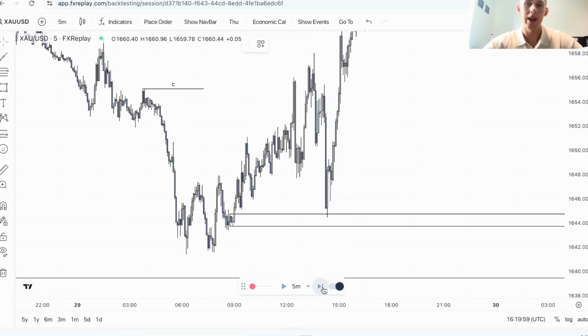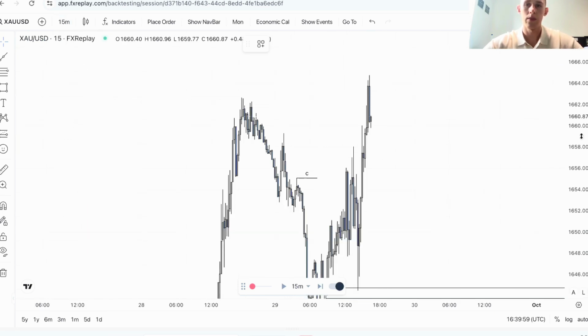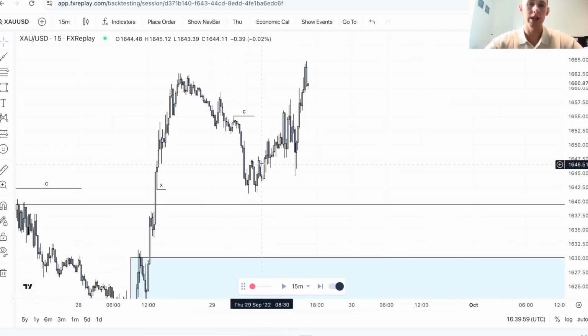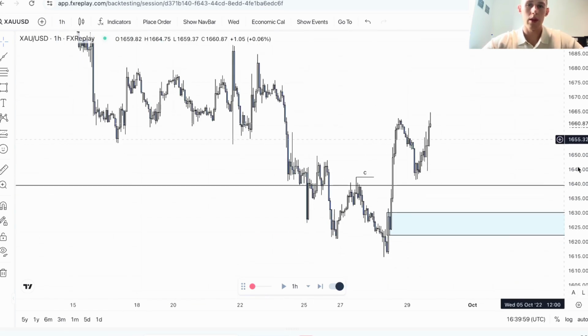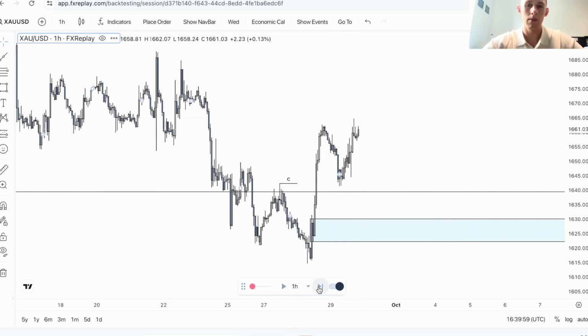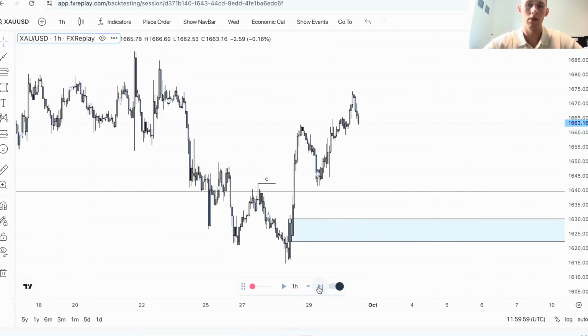Not really a valid entry there though. And there you go. So price has broken the structure again. Just going to mark that on.